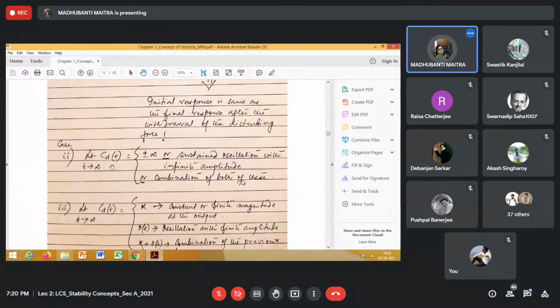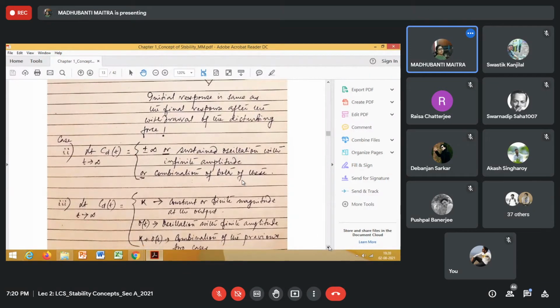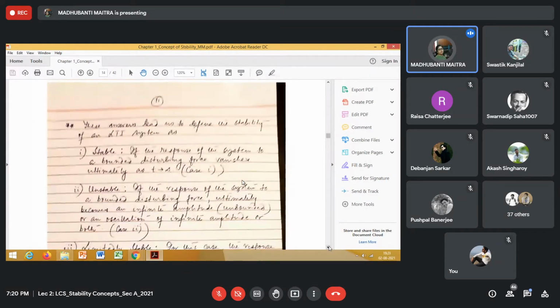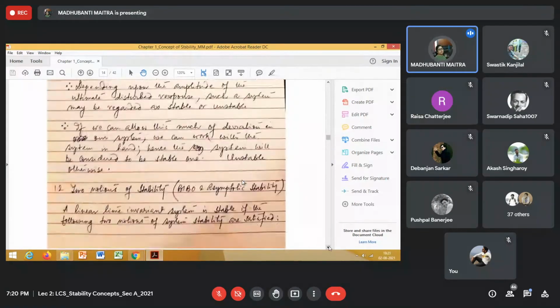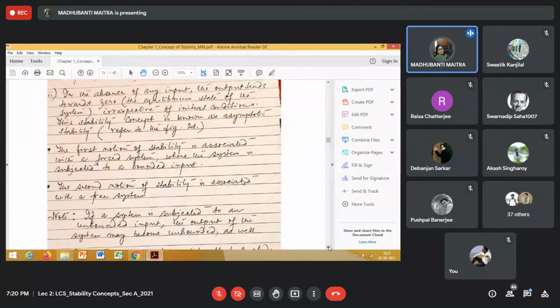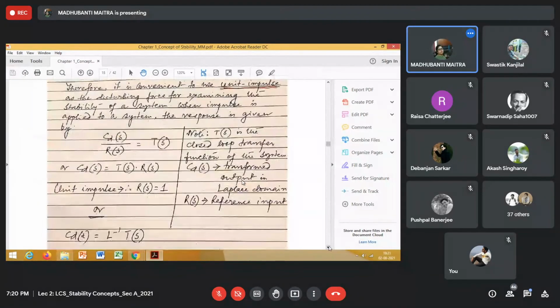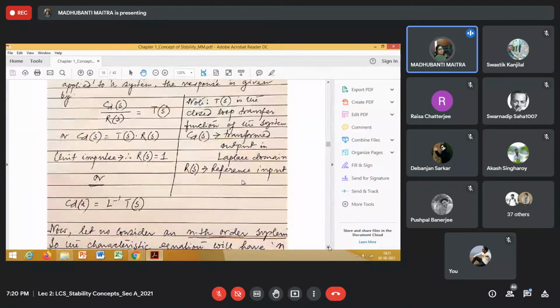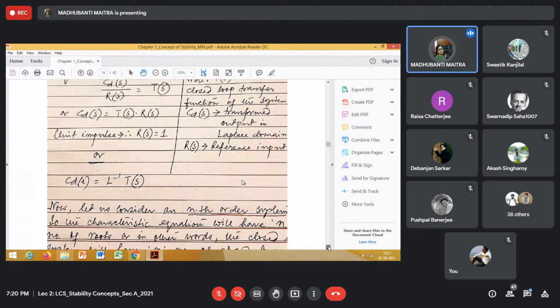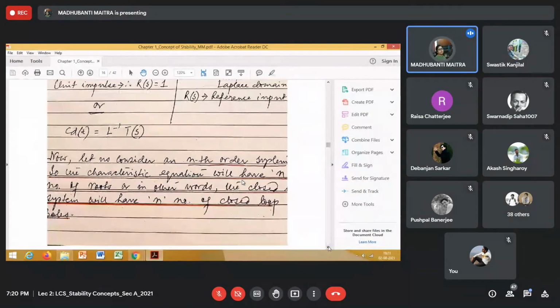For that, we'll have to take the Laplace inverse of TS only. CDS is equal to TS into RS, where RS is equal to 1. Hence CDT is nothing but the Laplace inverse of TS.